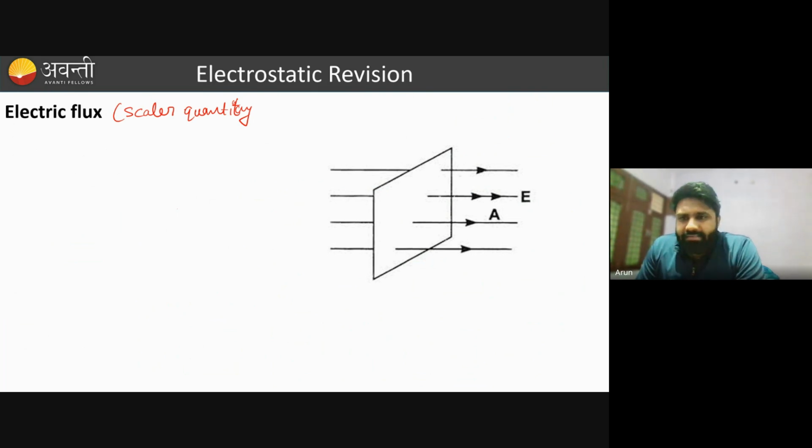Electric flux is a scalar quantity, and scalar quantity means no direction. Simple.